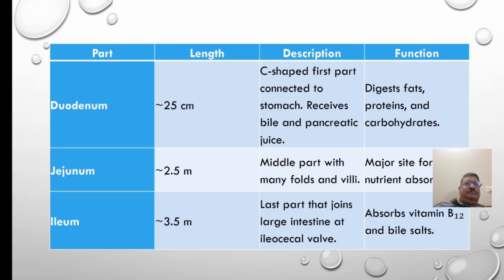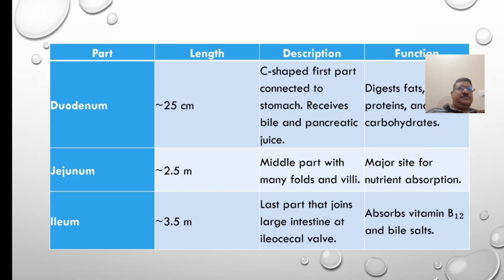The duodenum is 25 centimeters, the C-shaped first part connected to the stomach; it receives bile and pancreatic juice and digests fat, protein and carbohydrates.